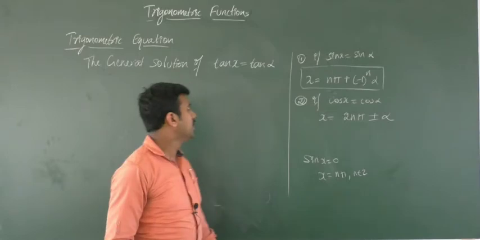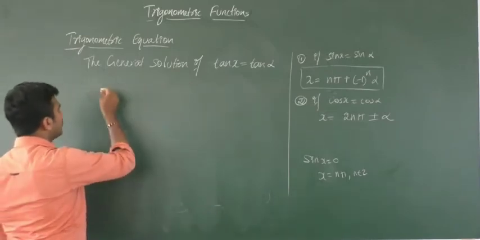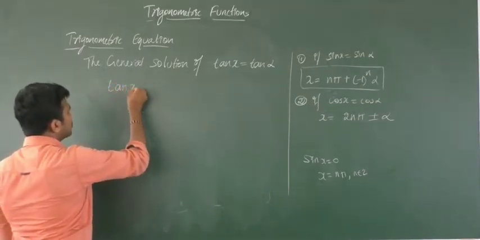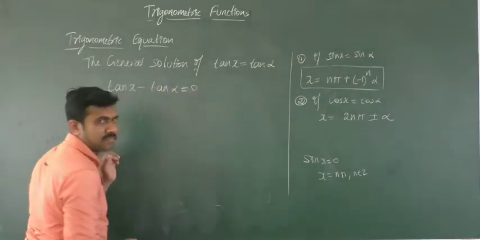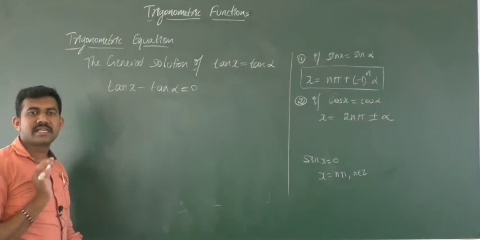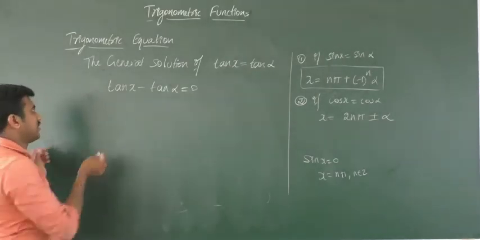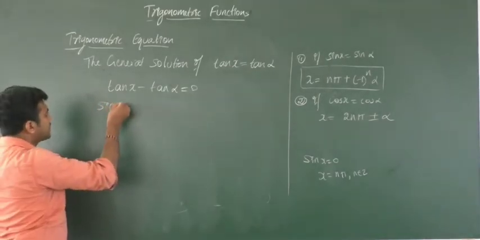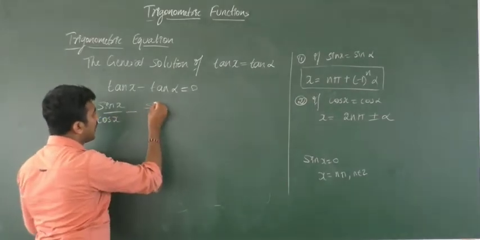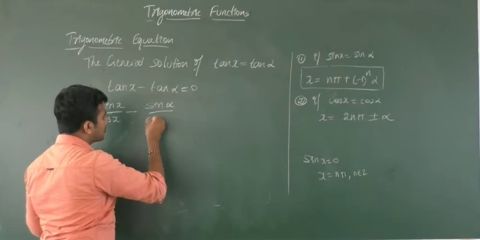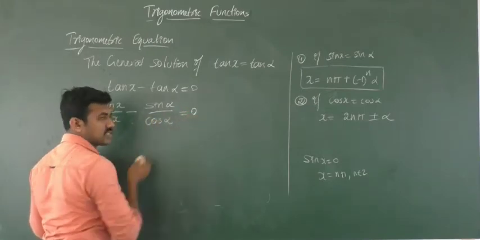Now similarly here also, consider tan x minus tan alpha is equal to 0. Tan is nothing but the ratio of sin to cos. So we can write this as sin x by cos x minus sin alpha by cos alpha is equal to 0.